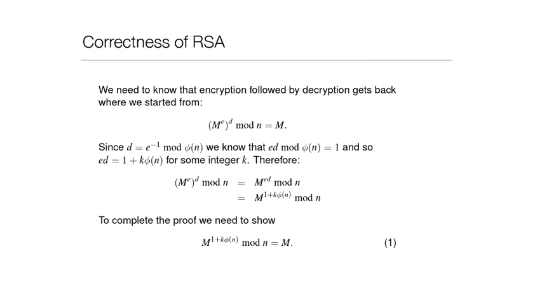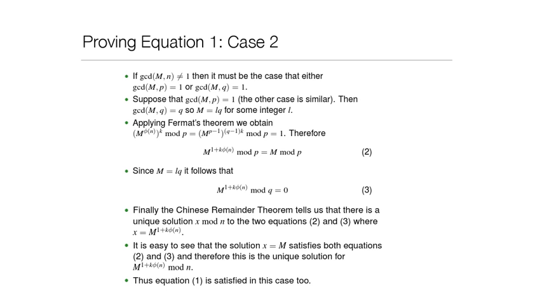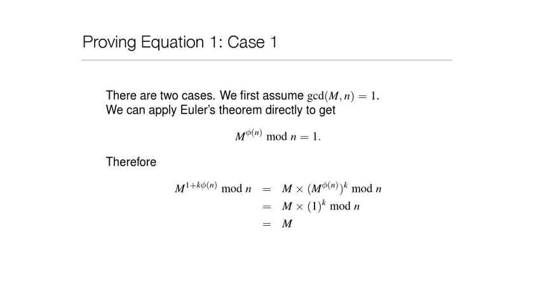I would like you to read and understand this part. This is a kind of proof of the correctness of RSA. Proving means proving why this encryption goes back to the exact plain text again. That proof.